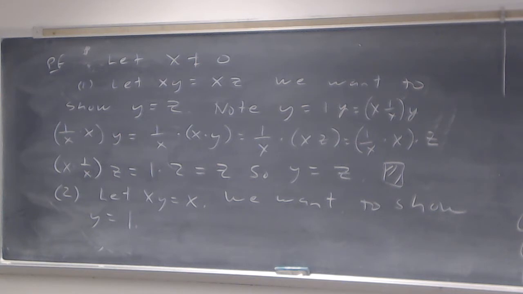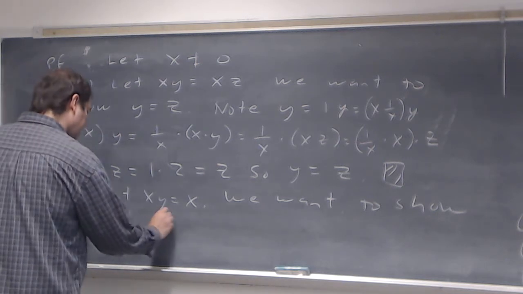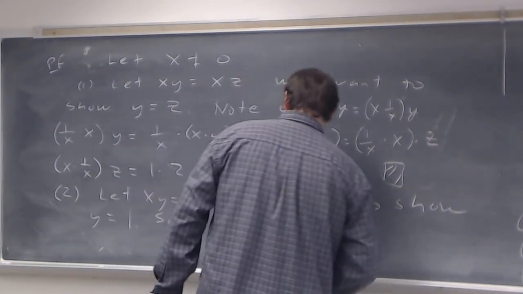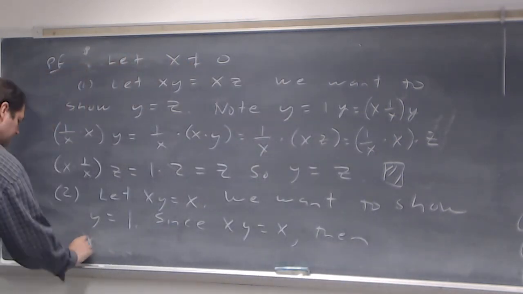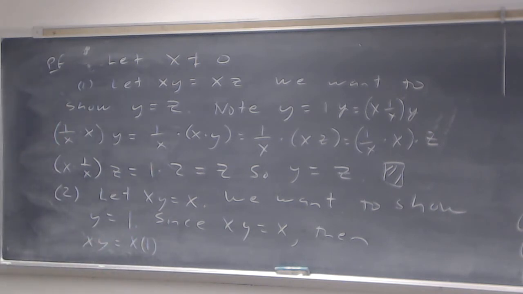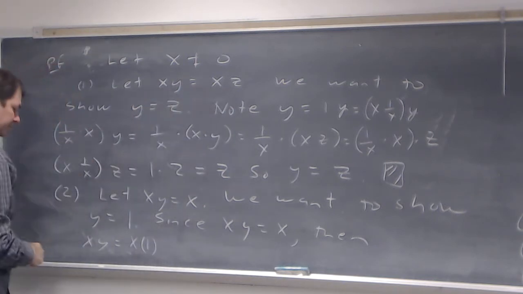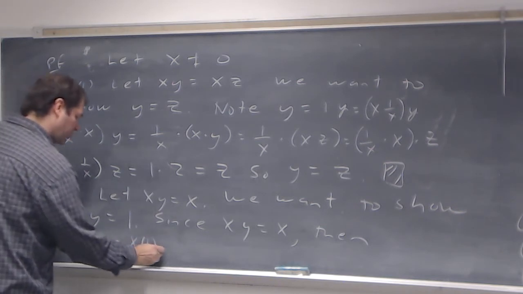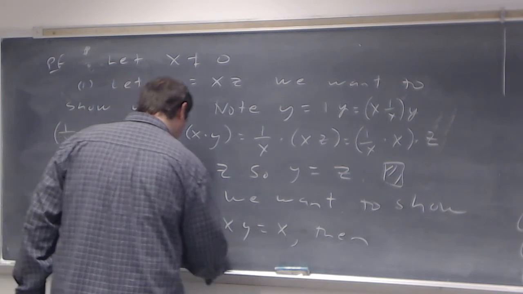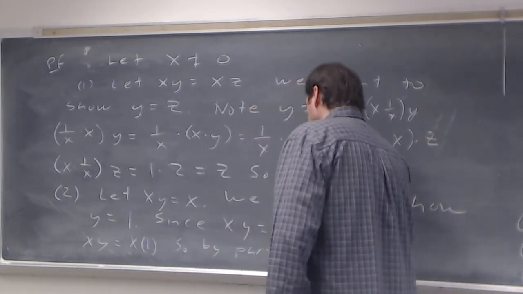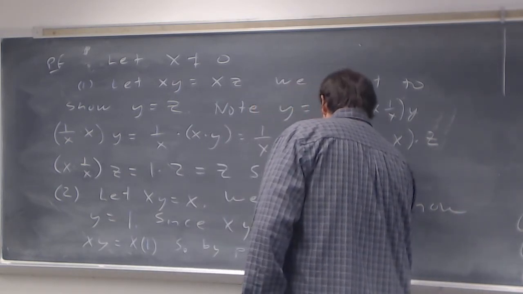Well, since x times y equals x, then x times y equals x times 1. And so by part 1, we're in this situation: our conclusion for part 1 is that if x times y is equal to x times z, then y has to be equal to z. So by part 1 of this proposition, y has to be equal to 1.